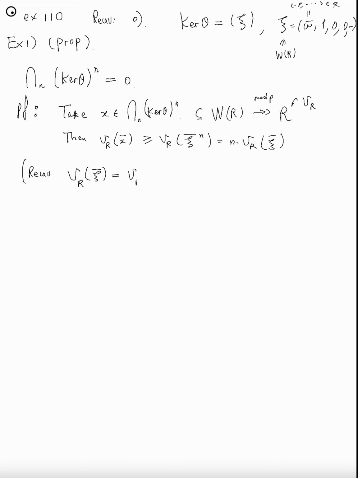So this is v_R of omega bar as an element of R, and this definition is given to be the valuation over the first component of it. By definition, this is v_K of minus p, which is 1.